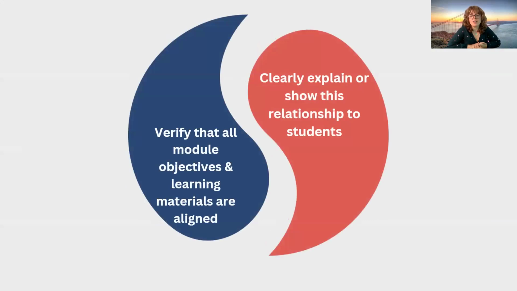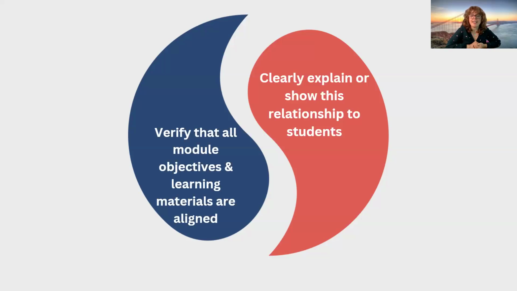Like the other alignment workshops, I conceive of this in 2 parts, the yin and yang of this best practice approach. What you should be primarily concerned with is first verifying that all your module objectives and materials are aligned, and we'll talk more about what that means in a moment.